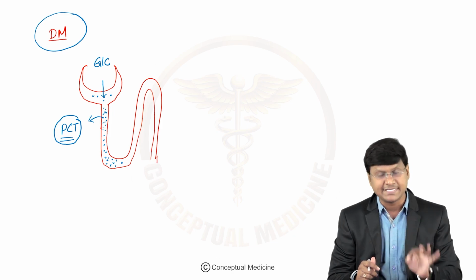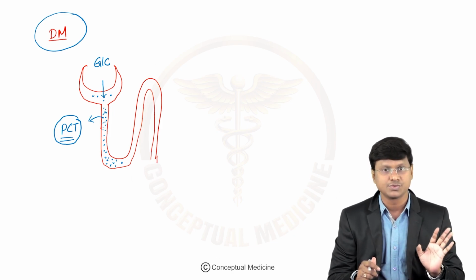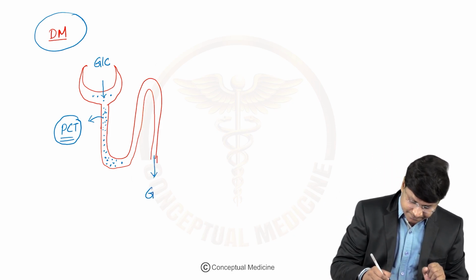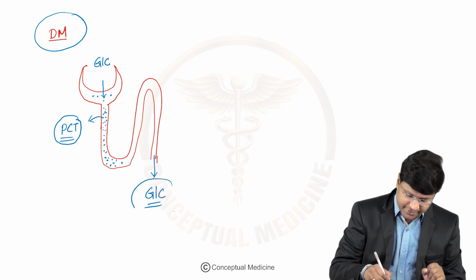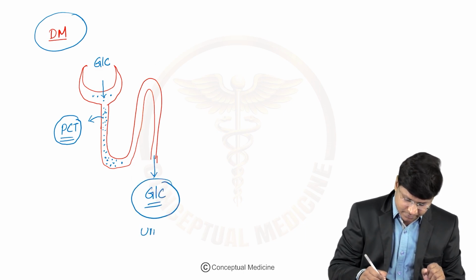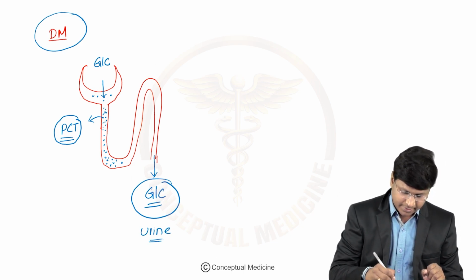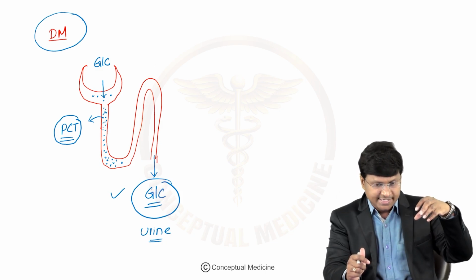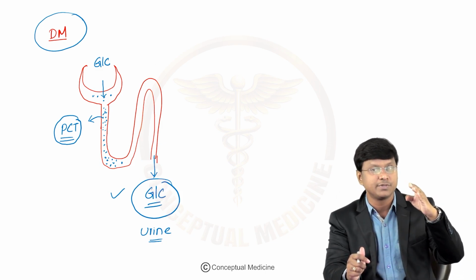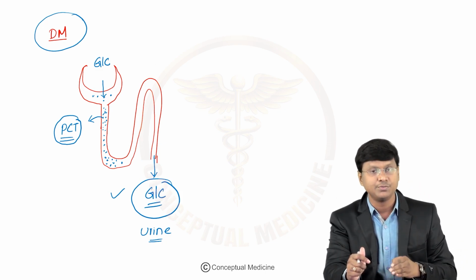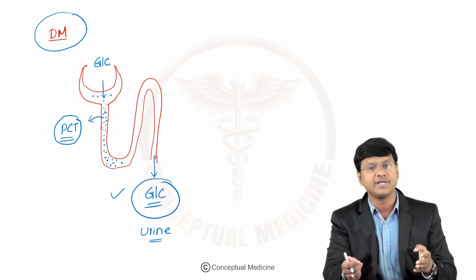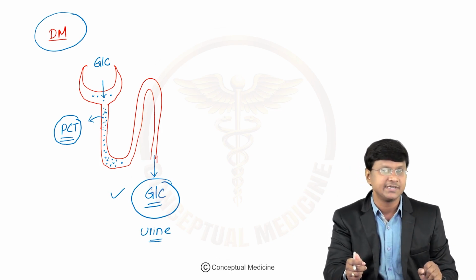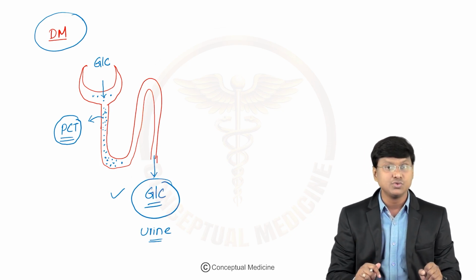There will be development of saturation of reabsorption of the glucose, and the remaining glucose will appear in the urine. So, in case of diabetes mellitus, because there is excessive filtration of the glucose from glomerulus into the Bowman's capsule, the tubule is not able to reabsorb that excess amount of glucose, and that excess glucose is getting excreted in the urine. And that is the reason why there is glucosuria.